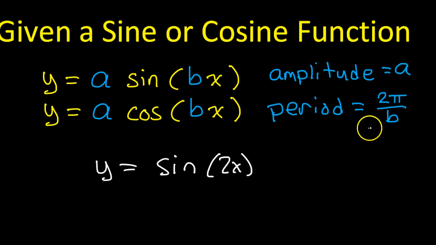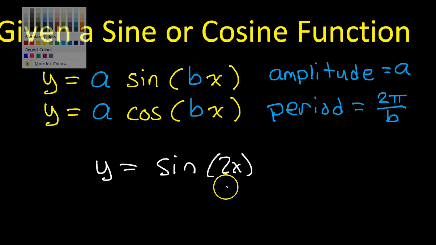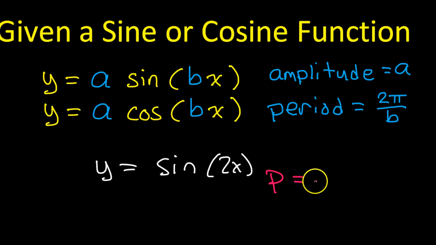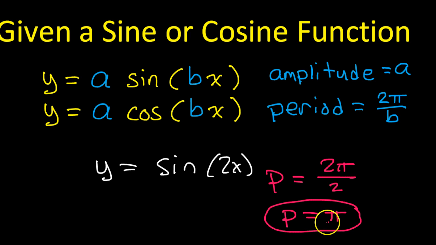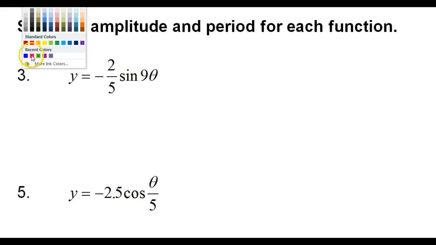So according to this little formula, the period, I'll use P for period, should be 2 pi divided by this b value. So 2 pi divided by 2. And so that would give us that the period would be pi, which is exactly what we saw. So that's what this formula means.